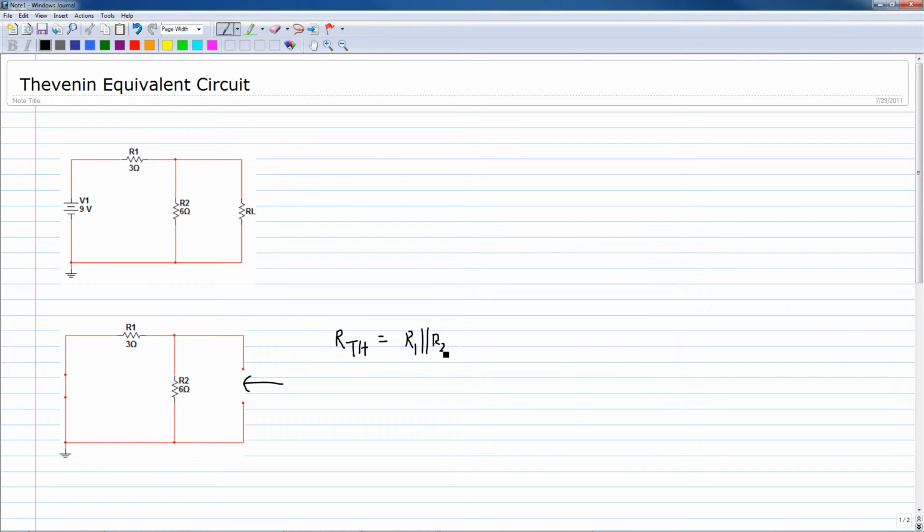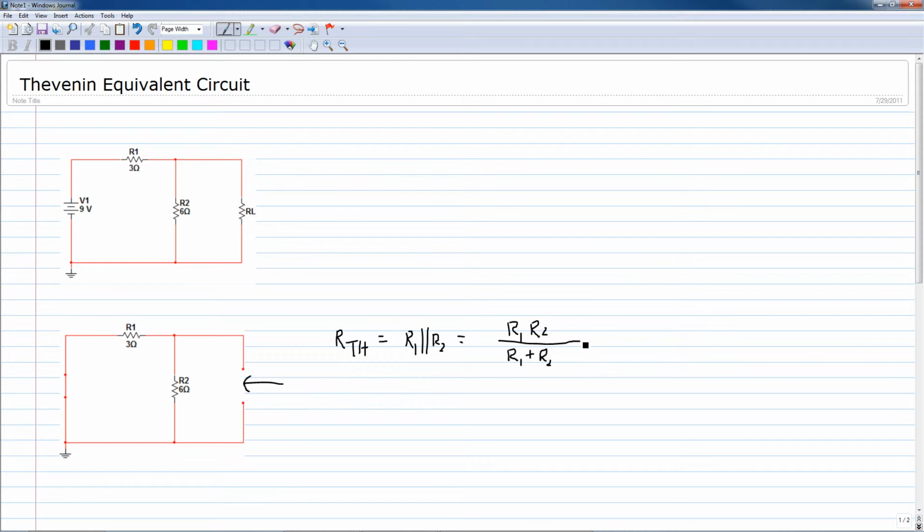We can use the product over sum rule to calculate this value, which would be R1 times R2 divided by R1 plus R2.